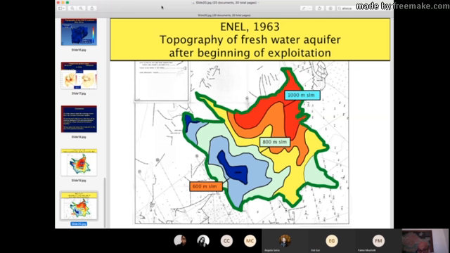In this particular case of Amiata, mercury is the most common, simply because some of the world's largest mercury mines were here at Amiata.